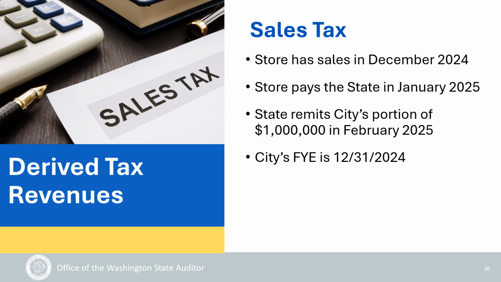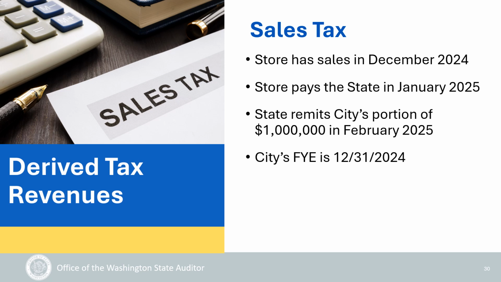Let's assume the following facts. A store has sales in December. The store prepares the report that calculates how much sales tax they owe in December. All of the sales tax is remitted directly to the state in January. But some of the sales tax sent to the state actually belongs to the local city.